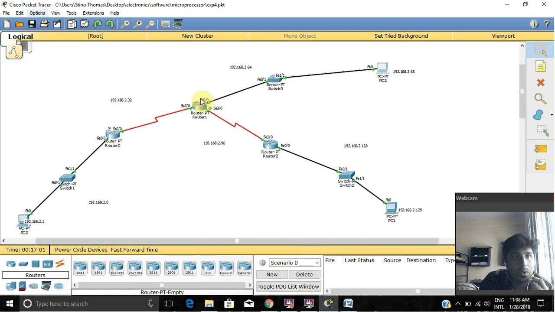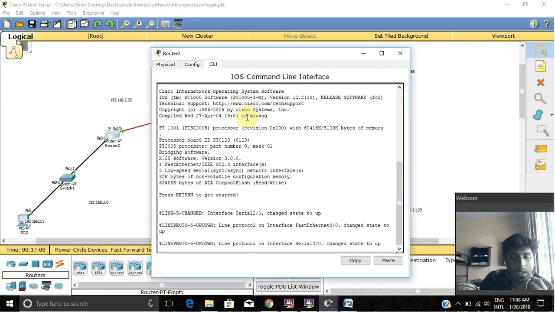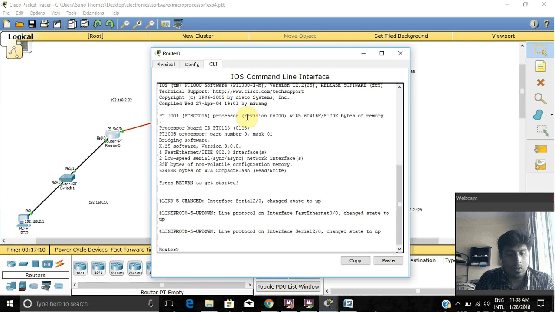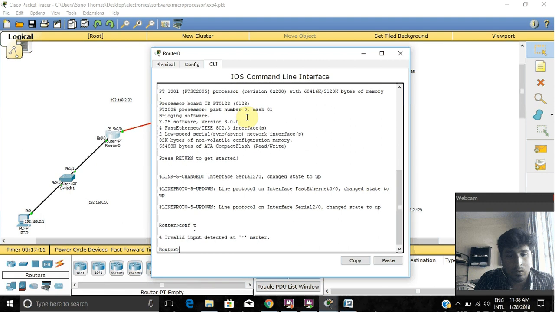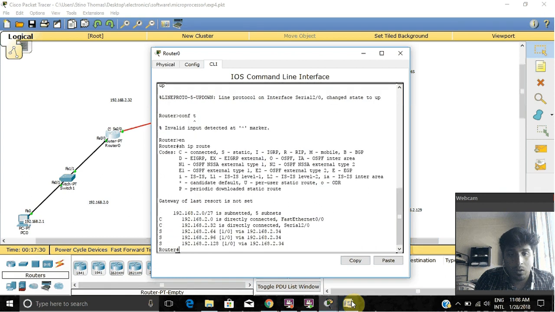So we go to router 1, we go to the CLI command, show IP route.